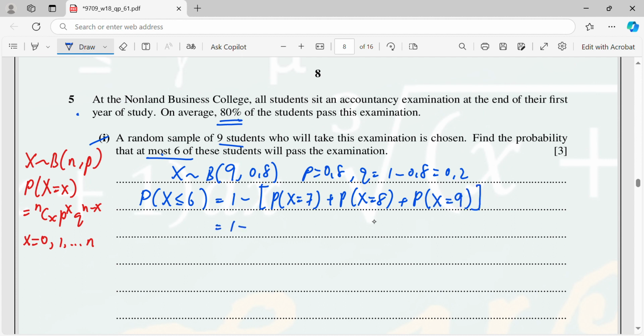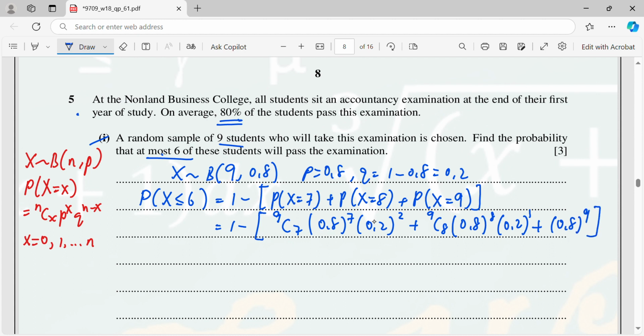So this is 1 minus, 9C7, the p is 0.8 power 7, and then the q is 0.2 power 2, because out of 9, 7 successes, it will be 2 failures. Plus 9C8, 8 successes out of 9, that is 0.8 power 8, 0.2 power 1. Lastly, P(X=9) means all 9 successes.